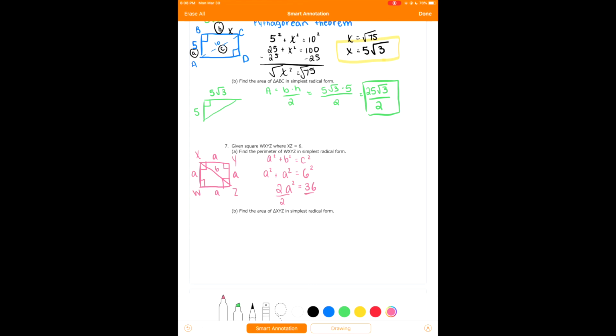And I'm going to solve for A. So I have A squared equals 18. Find the square root of that. In simplest radical form, when I simplify radical 18, I get 3 radical 2. So all of these sides are 3 radical 2.